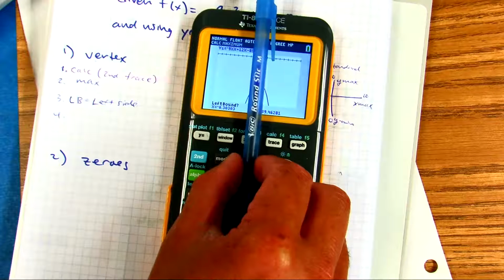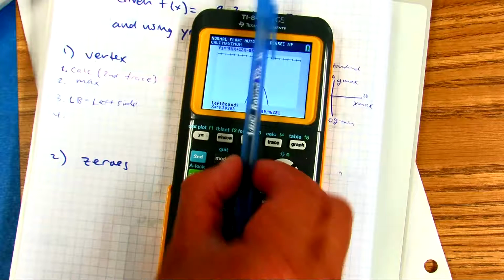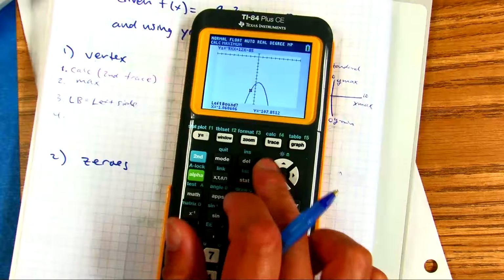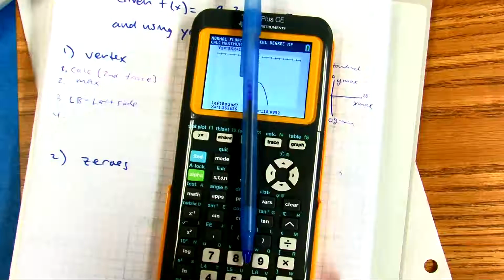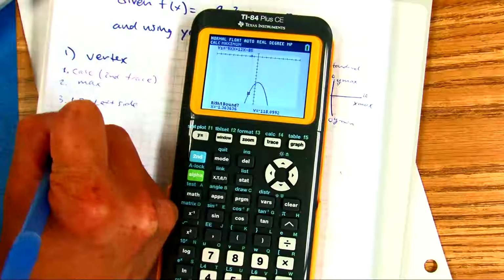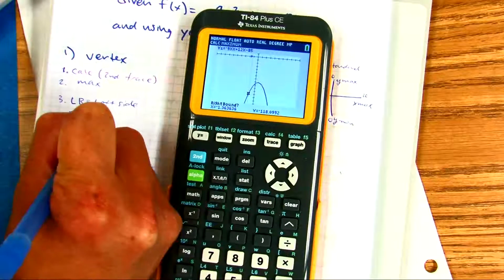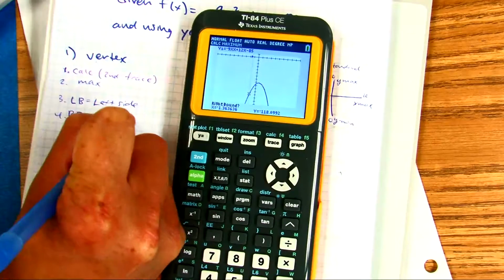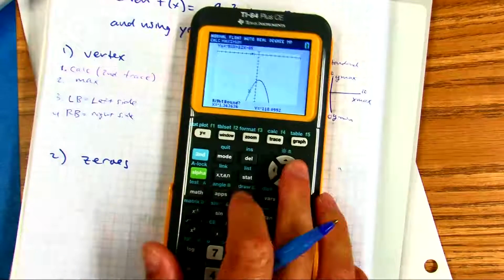Press enter. Now what does it tell you after you press enter? And what do you think right bound means, class? Right side. Let's go to the right side. Right of our vertex. The vertex is the top of that roller coaster. Press enter. And what do you think guess means?